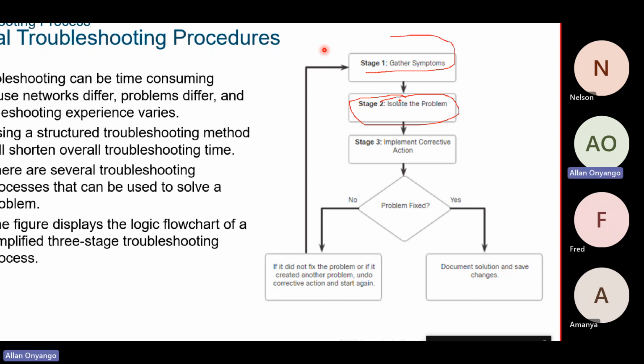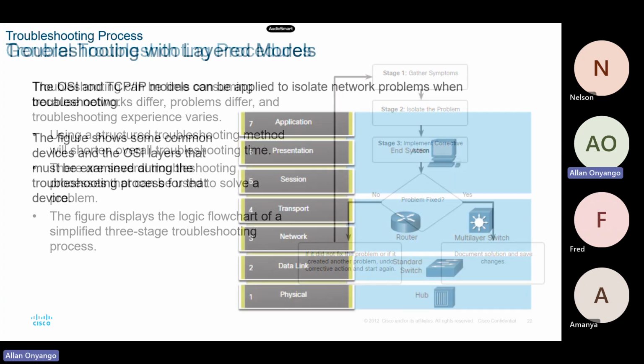If it doesn't solve the problem, then you need to do more data gathering, gather more symptoms. But if it solves the problem, then you need to document the solution and save your changes. Document the solution and save the changes.